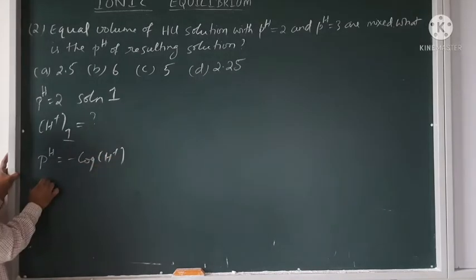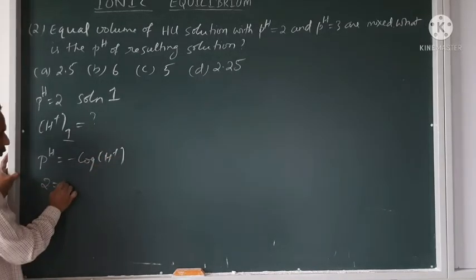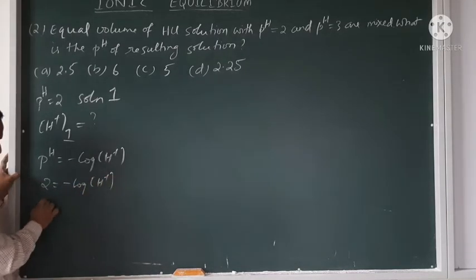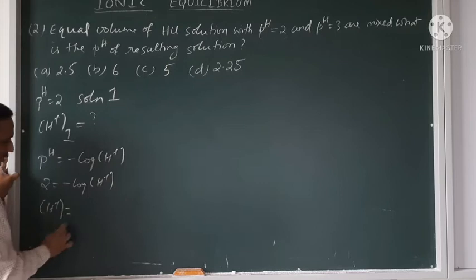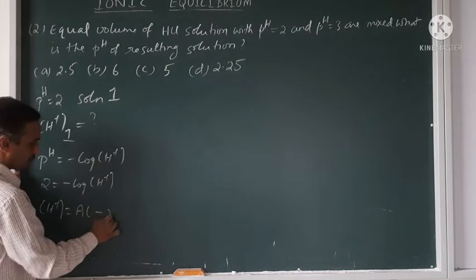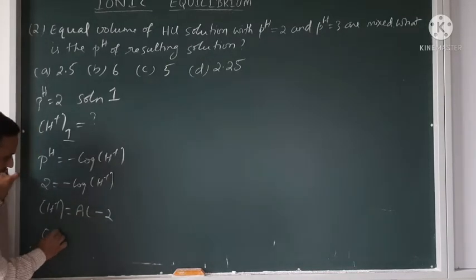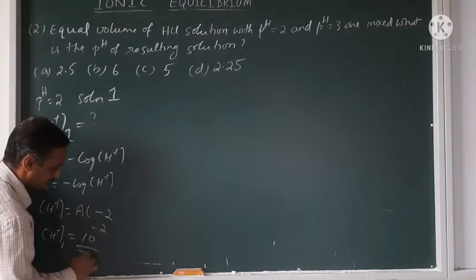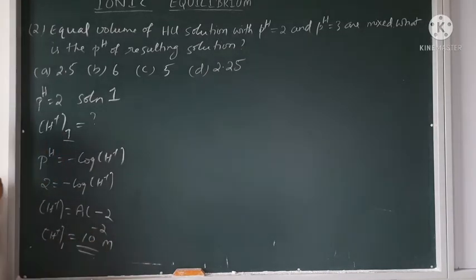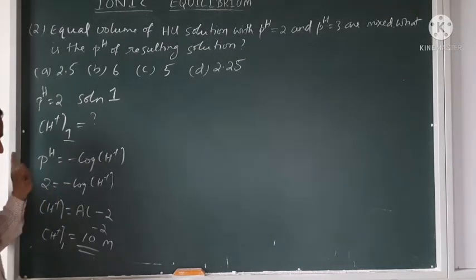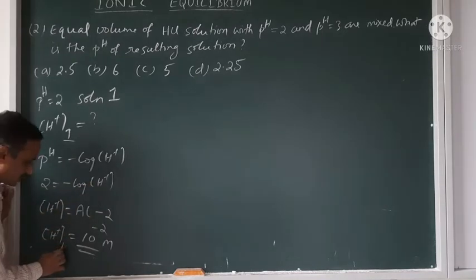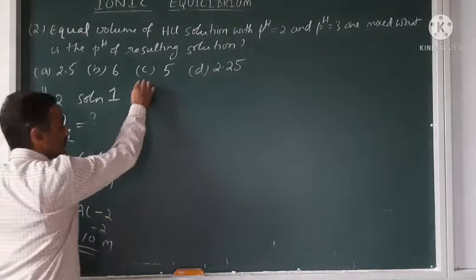So 2 is equal to negative logarithm of H plus, or H plus concentration is equal to anti-logarithm of -2, or H plus of the first solution is equal to 10 to the power -2 M. I have taken the minus sign to this side, then it becomes -2. Then I took the anti-logarithm, so H plus will be there.